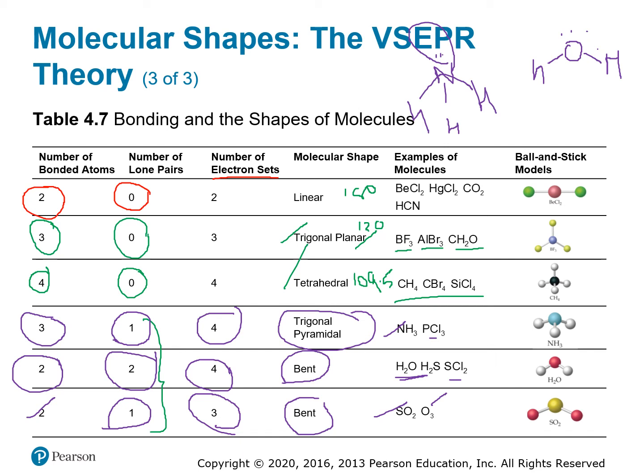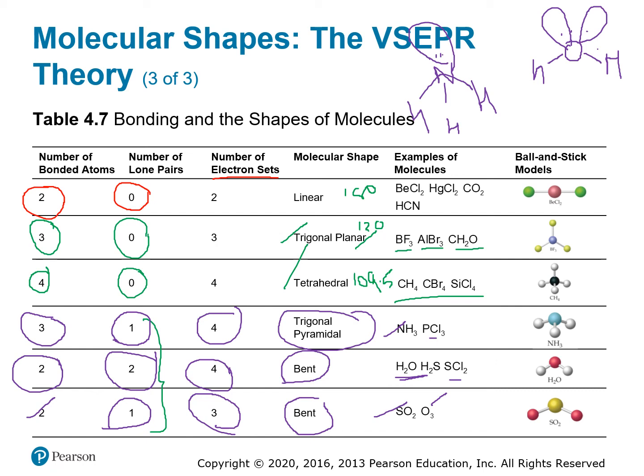When I have 2 bonded atoms and 2 lone pairs, these lone pairs take up space, and because of these repulsions the shape changes to the bent shape.